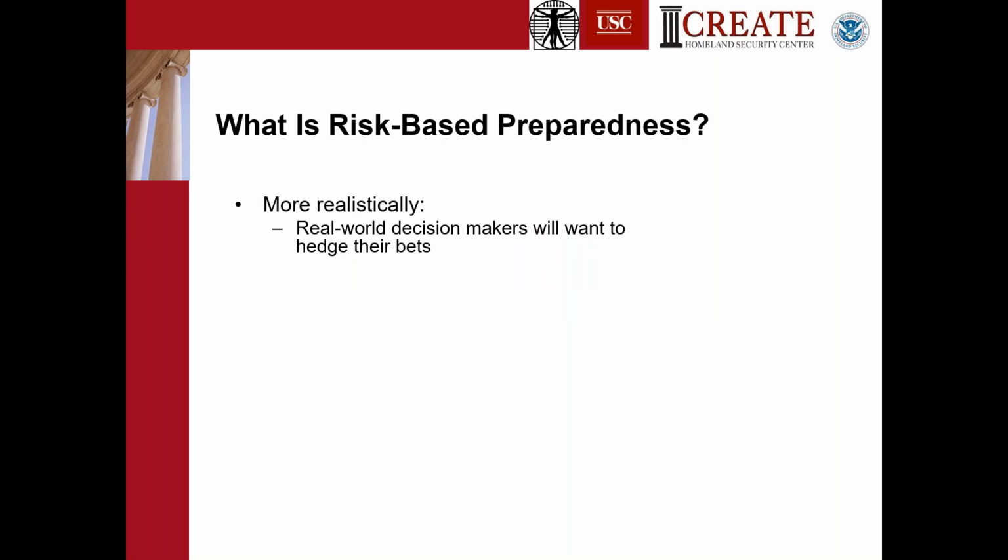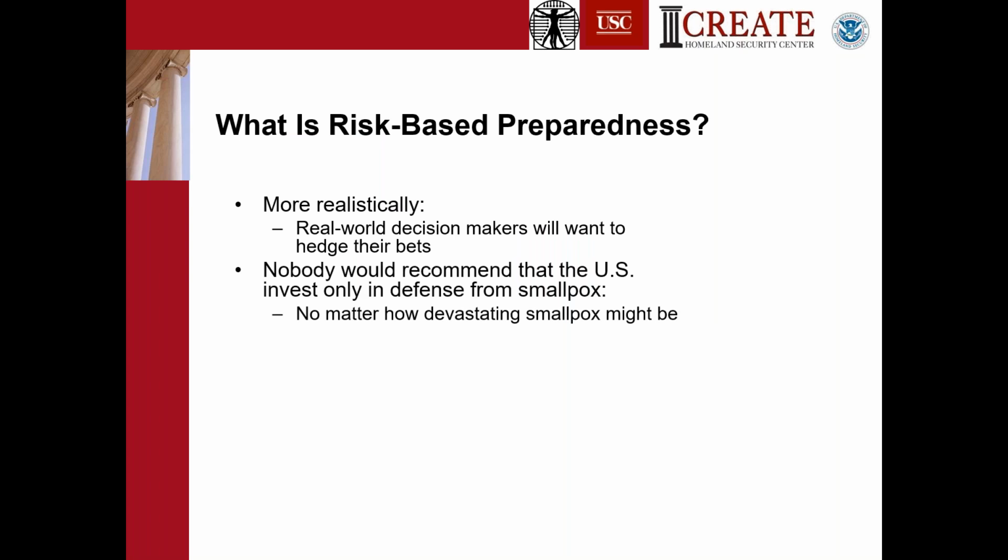More realistically, though, in the real world, a risk-based decision maker probably also wants to hedge their bets a little bit. Just as an example, in the US, we might agree that a smallpox attack would be the single most devastating type of terrorist attack possible, but that doesn't mean that the US should invest only in defense from smallpox, no matter how devastating smallpox might be, because we are concerned about our uncertainties.